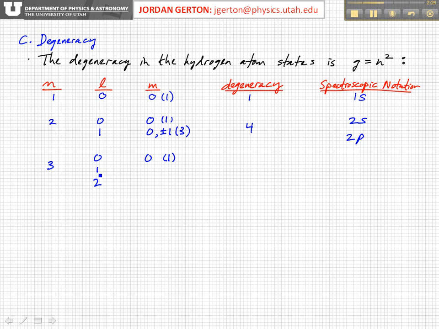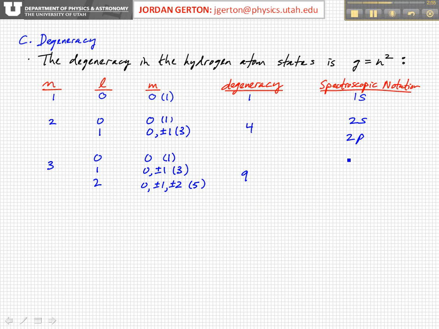For L equals 1, we can have 0 or plus or minus 1, so we have 3 states there. For L equals 2, we can have 0, plus or minus 1, and plus or minus 2, so we have 5 states there. So all in all, we have 5 plus 3 plus 1, which is 9 states. That's the degeneracy.